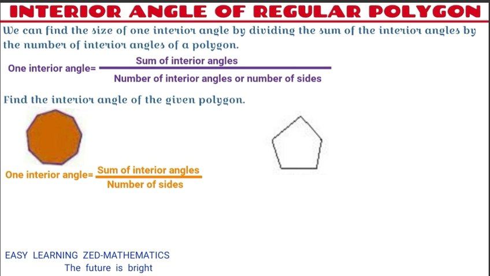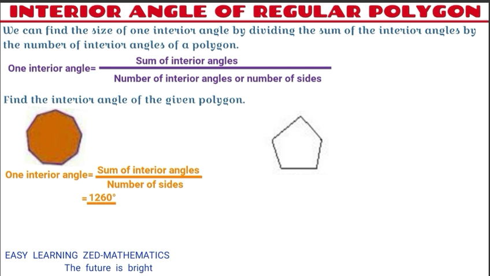Next, we replace the sum of interior angles by the actual sum of interior angles. What is the sum of interior angles of a regular polygon with 9 sides? It is 1260 degrees. Like I said earlier, you need to know this by heart. Then we divide by the number of sides.